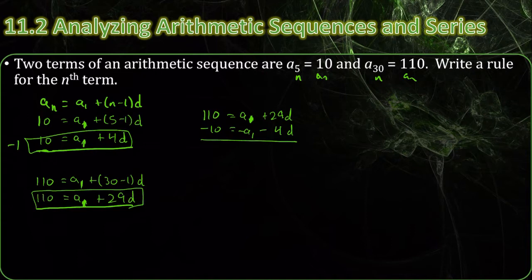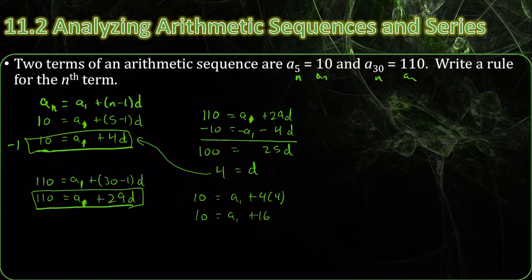Add those together, so we're solving by elimination. 100 equals, the a1's cancel out, 25d. So d is 4. Now that I know d, I can plug it into one of these and find a1. So it appears a1 is negative 6.